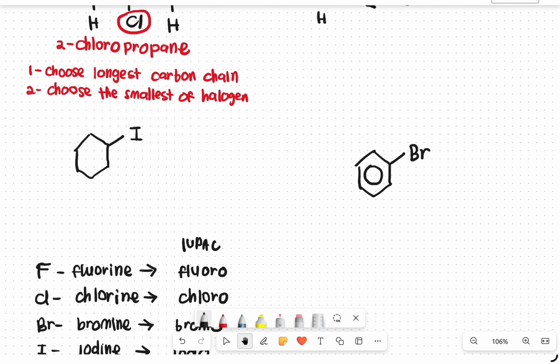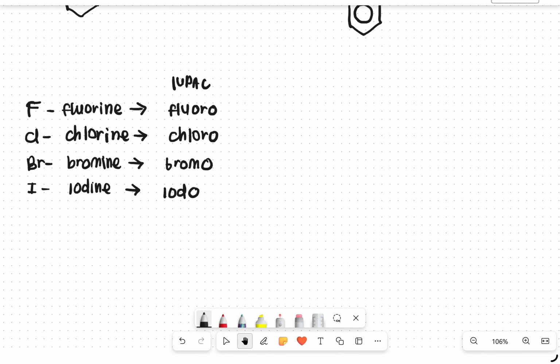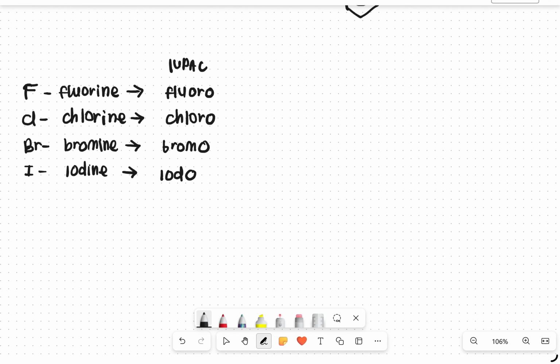Now, before we proceed to the IUPAC name, I just want to emphasize this one. For example, the structure CCC, and then this is your halogen group, I just put it as X. So this is CH3, this is CH3.